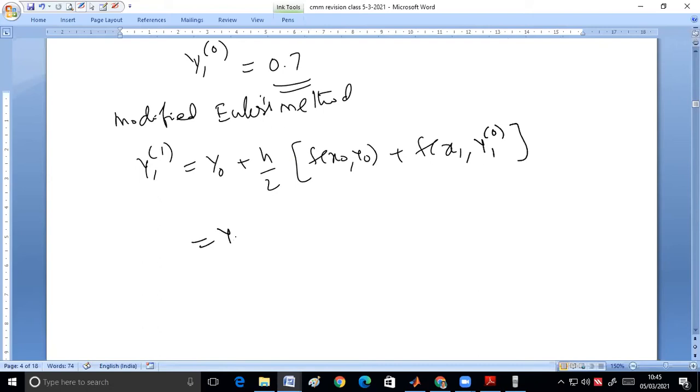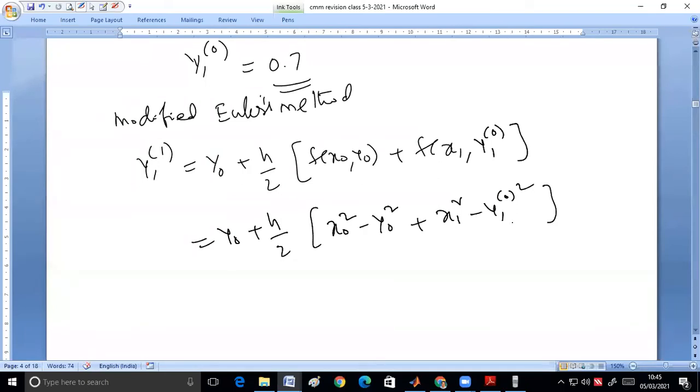y naught plus, first I will substitute the function, then we will substitute the values. x square minus y square is our function, so x1 square minus y1 whole square. Now what is x1? Here x1 is x naught plus h. x naught is 0 and h is 0.3, so x1 equals 0.3.